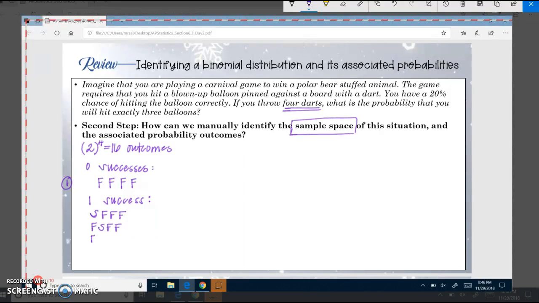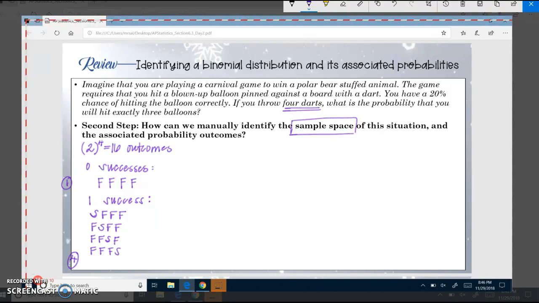You could fail the first time and the second time, but succeed the third time, and then fail the fourth time. Or the one other chance we can have where we only succeed once is to fail, fail, fail, and then succeed. So there are 4 different possible outcomes where we have just 1 success.